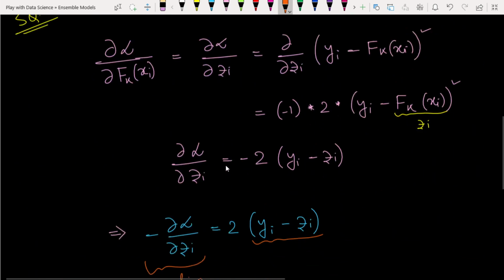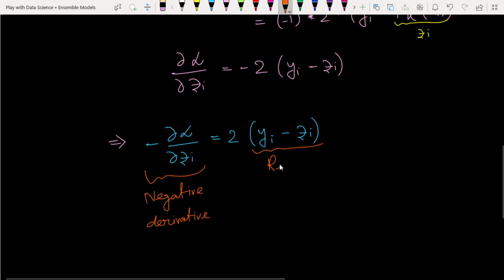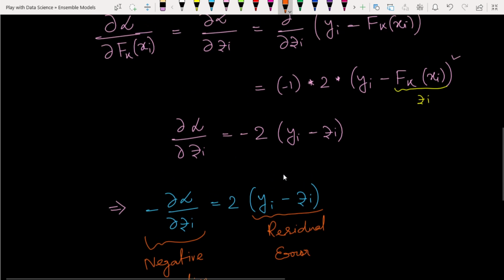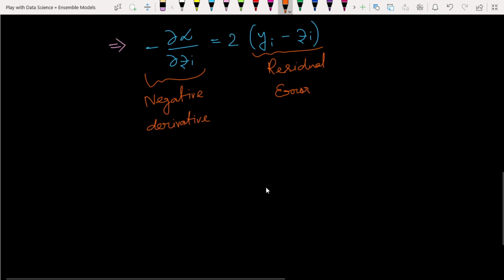Now if you omit this constant term, if you neglect this constant for some time, the important idea here is the negative derivative.